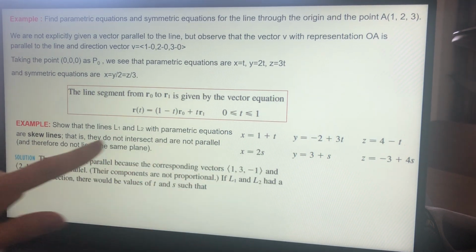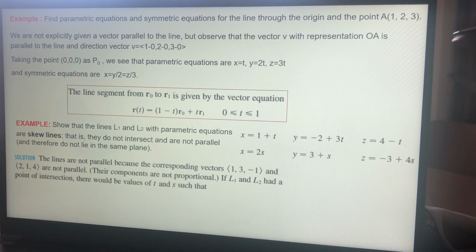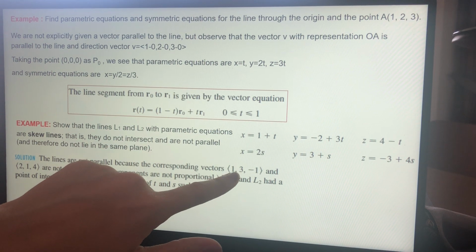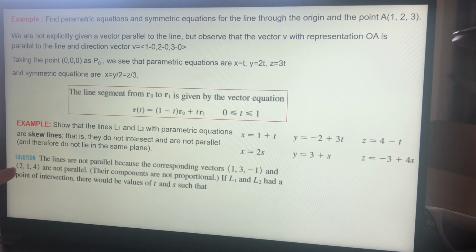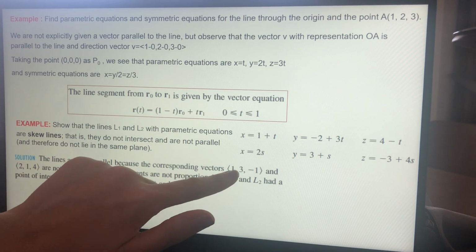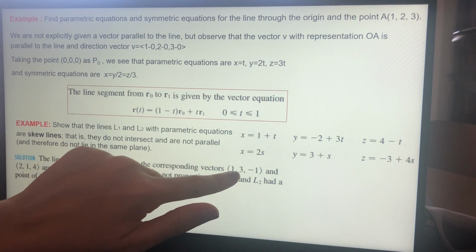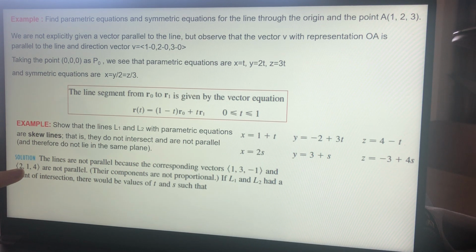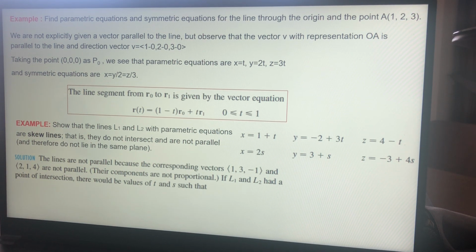They are not parallel because they are not proportional, which means that once you multiply the first vector, you cannot get the second one. Since the second vector's first component is 2, multiplying the first by 2 gives (2, 6, -2). But this is not (2, 1, 4), which means that they are not multiples of each other, so they are not parallel, okay?